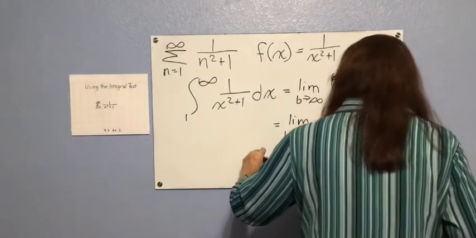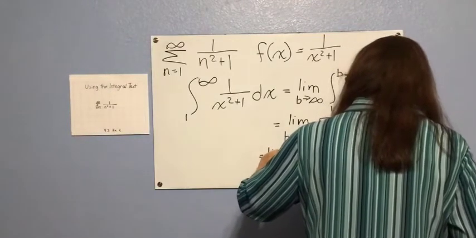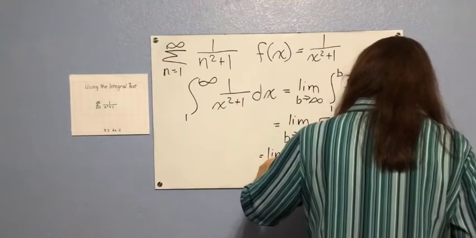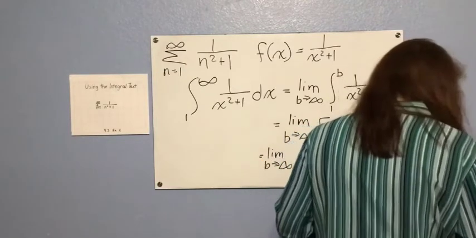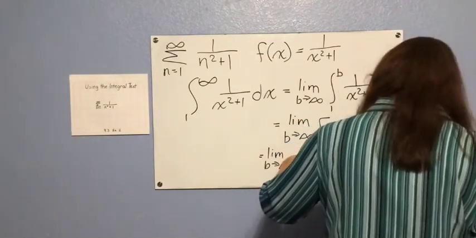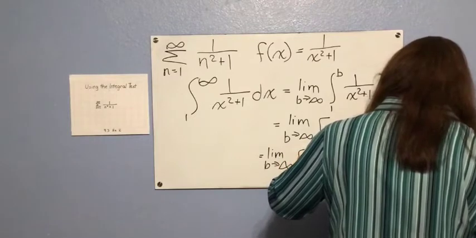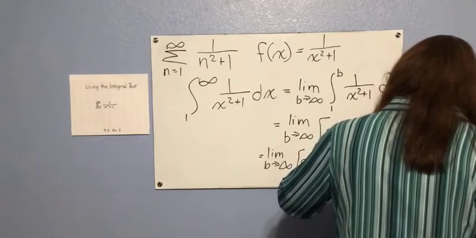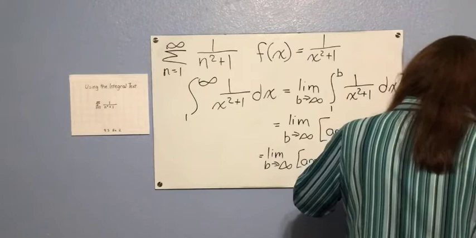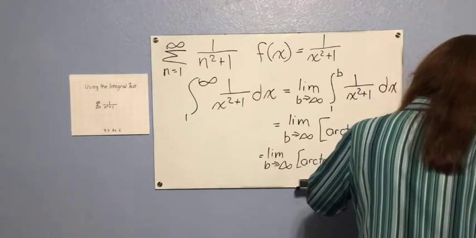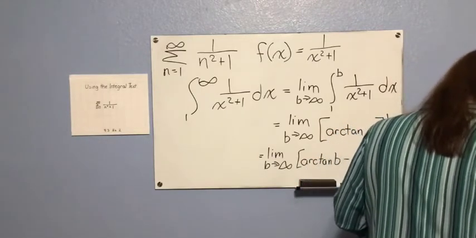We get the limit as b goes to infinity of arctangent b minus arctangent 1.